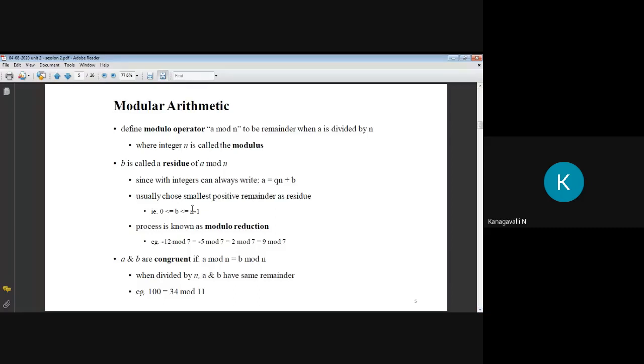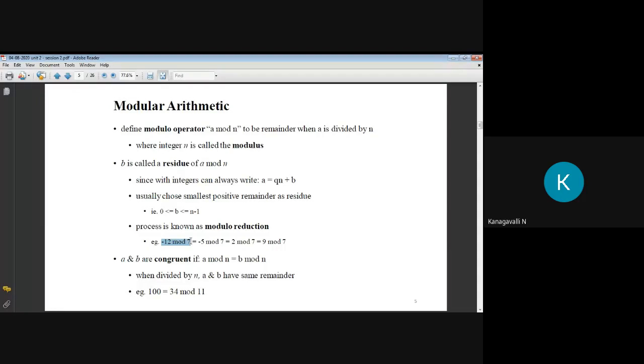If you are taking a positive number, then performing modular arithmetic is the normal procedure. But if your input is a negative integer, for example, minus 12 mod 7, how do you calculate the modulo value?